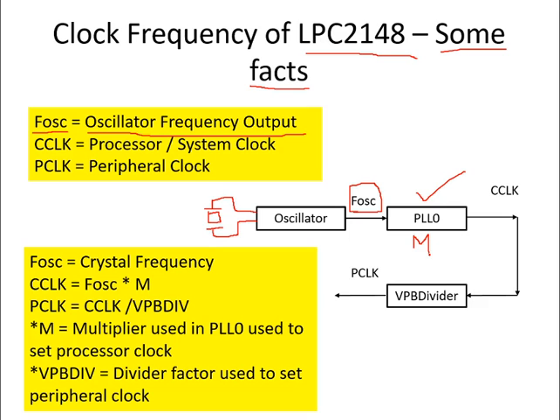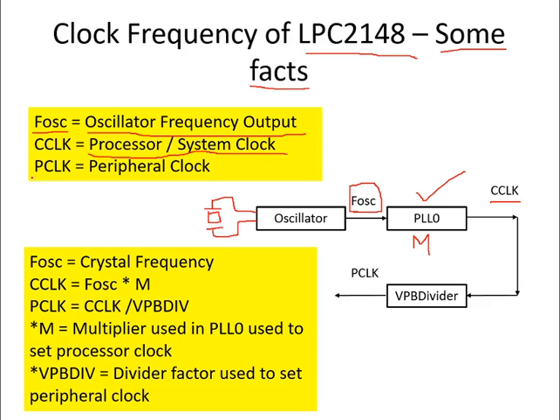So when F oscillator is multiplied by M, it is converted into CCLK. What is CCLK? It is the processor clock, also called the system clock. This signal is given only to the system blocks of LPC 2148, not to any other blocks. It is used only for the processor present inside the 2148.